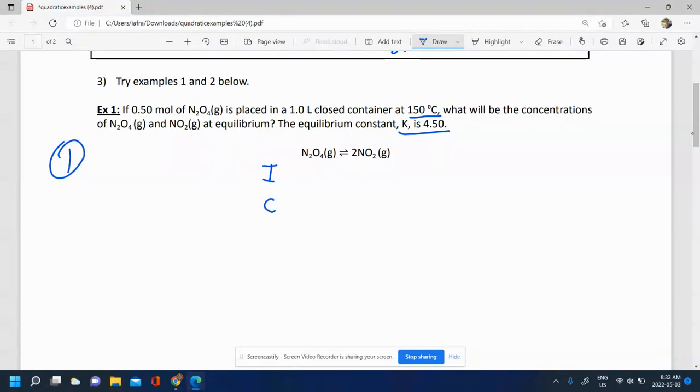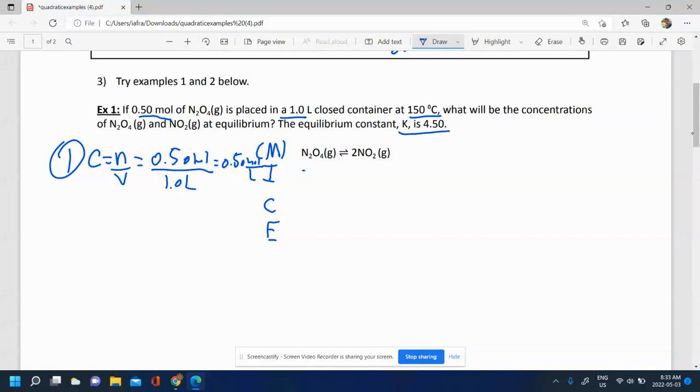I, C, E. Don't forget that this is going to be in molarity, moles per liter. And we don't have the molarity given to us right now for the N2O4. We have the number of moles, so we have to find the molarity with the moles and the volume. So remember that C is equal to n over V, which is going to be 0.50 moles over 1.0 liters, which is 0.50 moles per liter, or molar.